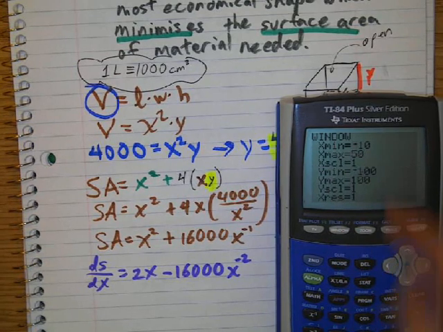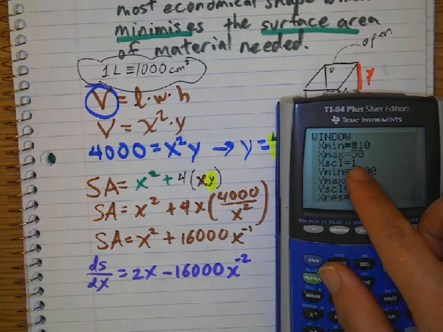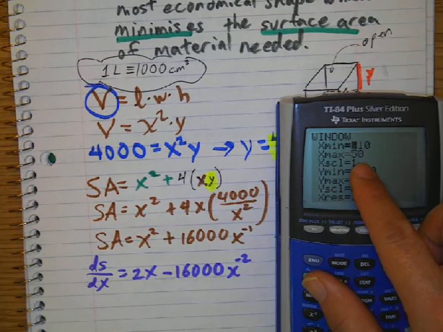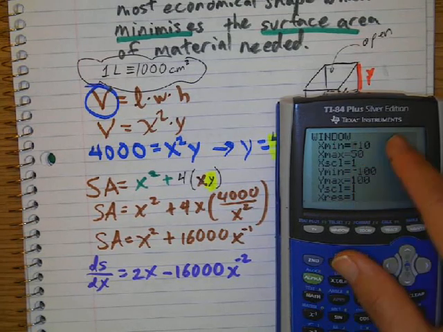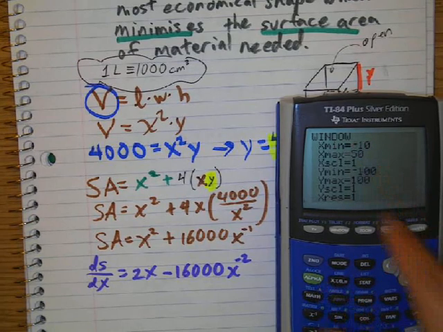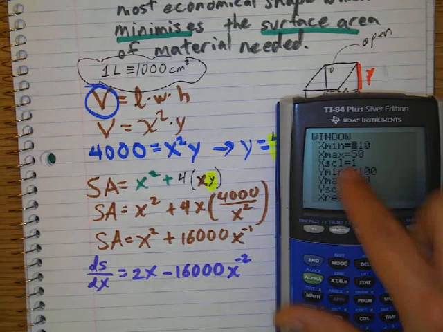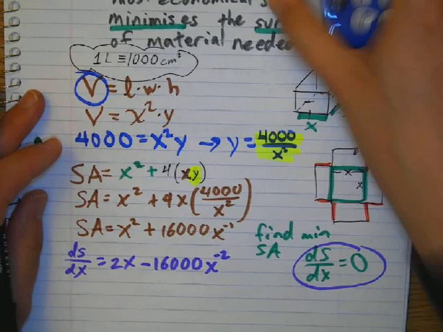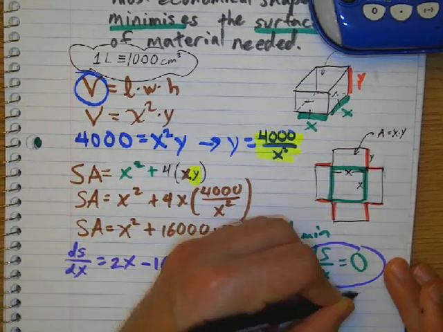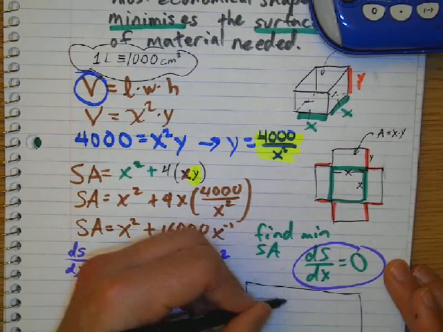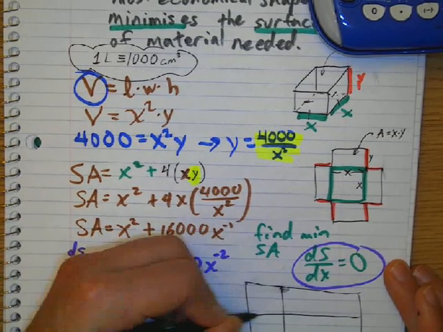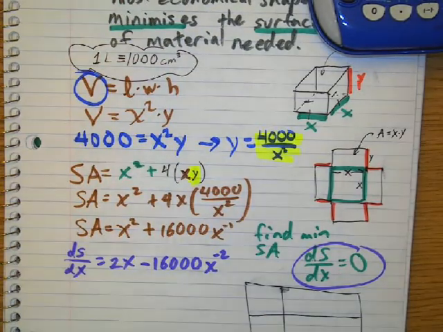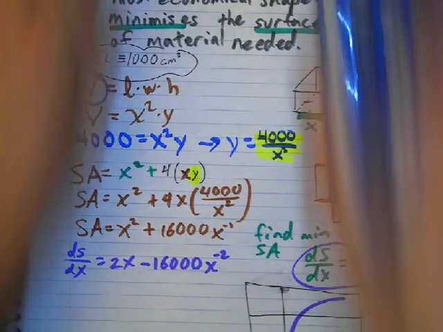The y values aren't as important as the x values because we want to see where it crosses the x-axis. So here I've got negative 10 and 50 when you hit window, and I changed this around. So here's my graph. I'm going to just draw this in my notes so you see what the picture of the graph looks like.